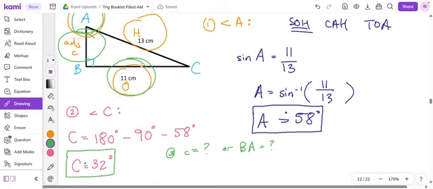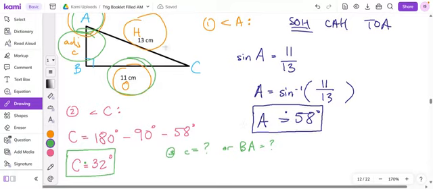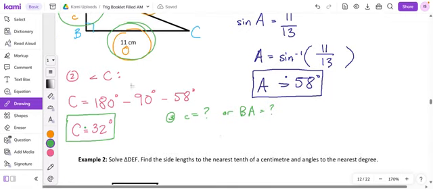So if I said I'm going to use 11, that's O and adjacent. So that would be TOA. If I use H and adjacent, that would be cos. Now let's stick to today's lesson and let's use OA. So we're going to have that tan. What's the angle I'm using? I'm using 58, tan 58 equals opposite over adjacent.